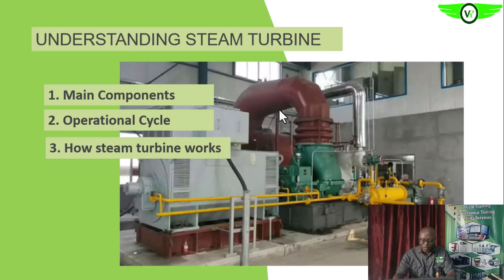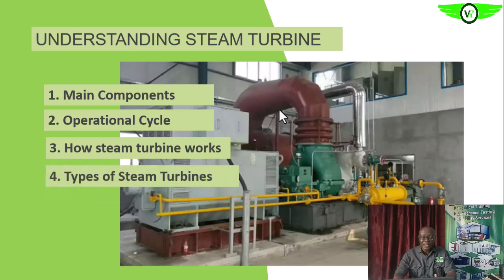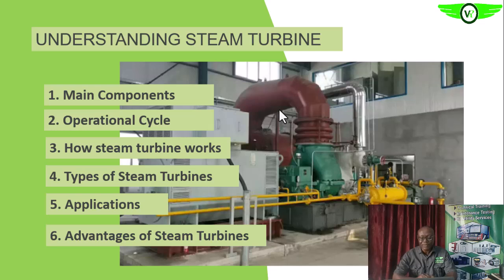Then we are also going to see the various types of steam turbines, and then the applications of the steam turbine: what can we use this steam turbine to do in our various facilities, which I know you're already familiar with. We will look at them briefly, then the advantages of steam turbines.